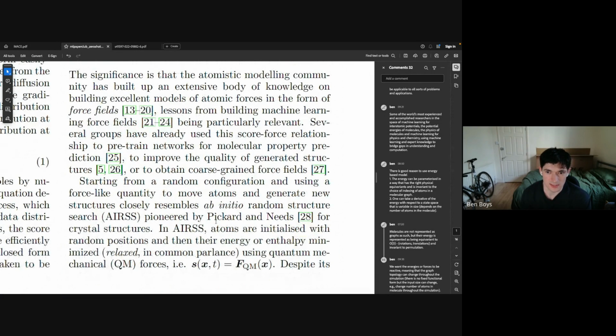And that knowledge can be used to build networks that would predict the forces between molecules and be used for molecular property prediction.